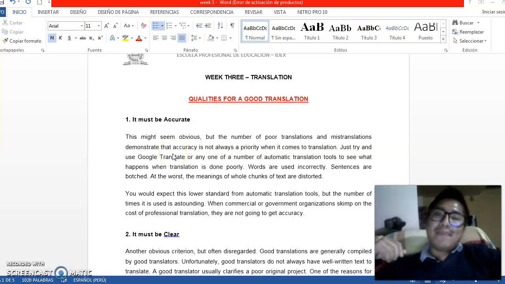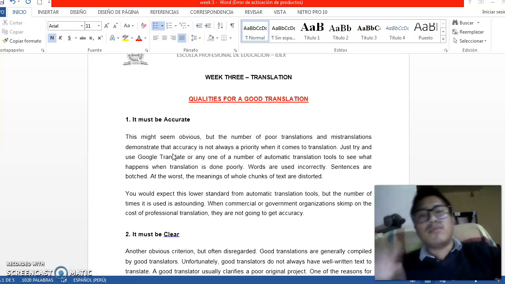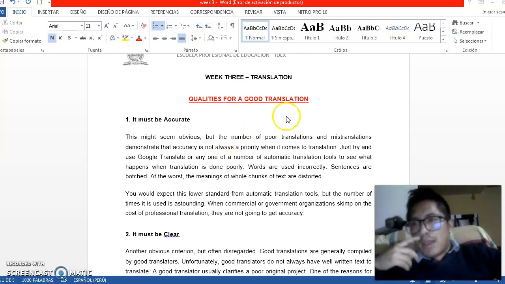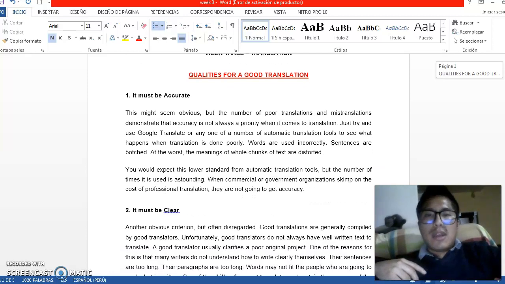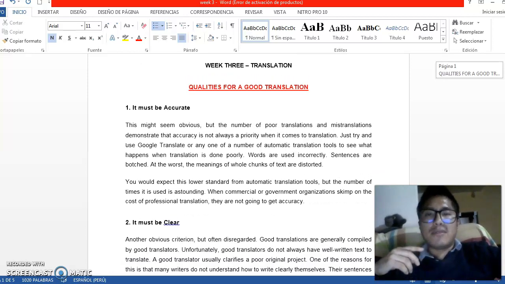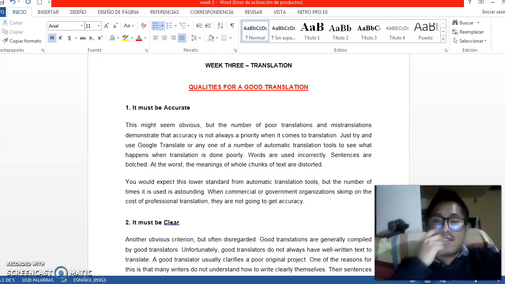Hello everybody. In this lesson, we are going to learn about qualities for a good translation. Okay? In the following worksheet, we have many ideas. So, in this case, we have the first one that says it must be accurate. And this is very certain, right?